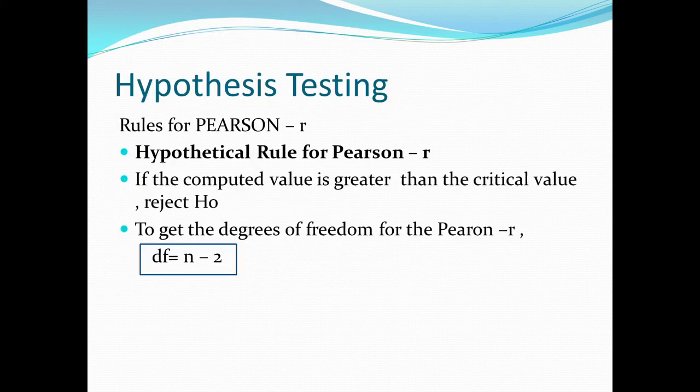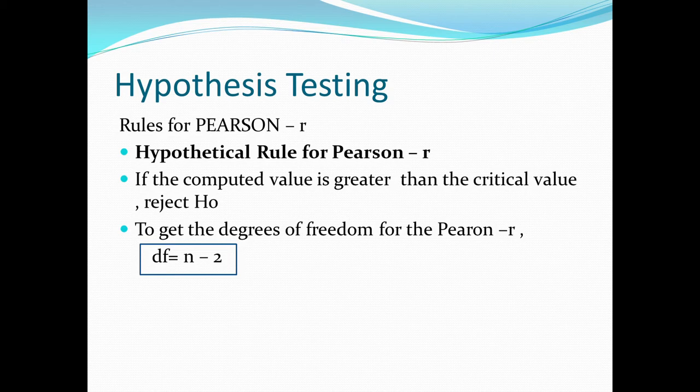Now, for the hypothesis rule for Pearson R, tandaan nito, if the computed value is greater than the critical value, we have to reject the null hypothesis. And to get the degrees of freedom for the Pearson R, kasi bago natin makuha yung critical value, kailangan muna natin computein yung degrees of freedom.